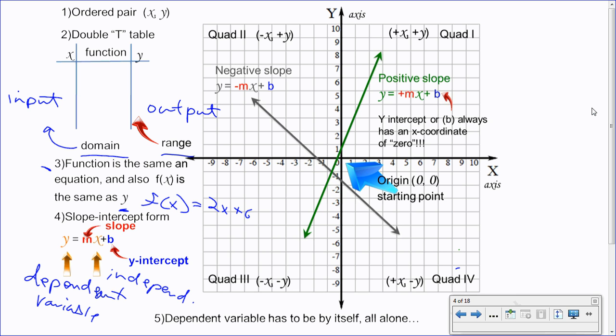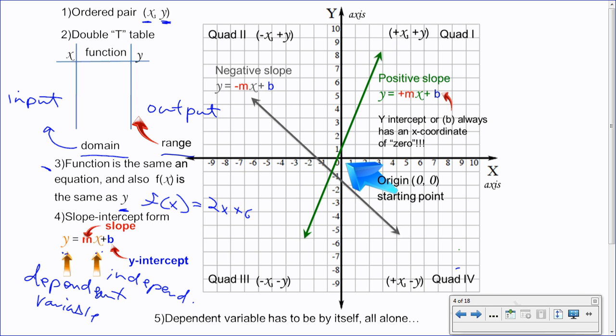Here's what you need to understand too. Now watch this, because this will help a lot of you guys. This x and this y are the same as this x and this y. You guys understand that? Okay? It's the same thing. M is the what?